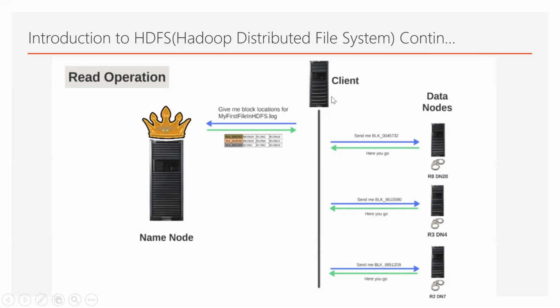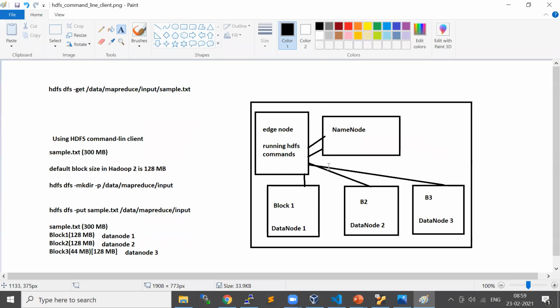Then it reads your blocks in parallel. The read operation also happens in parallel. Block 1 has to be retrieved from this data node, block 2 from this one, and block 3 from this one. It reads in parallel, merges the file and returns it to the user who invoked this command.